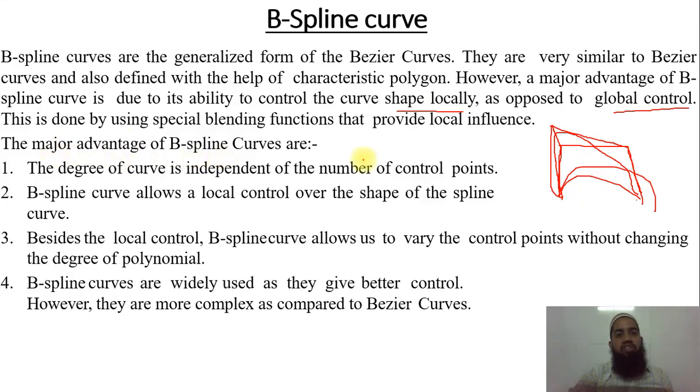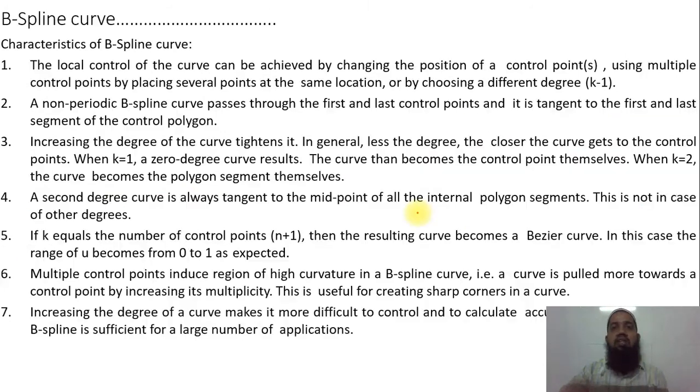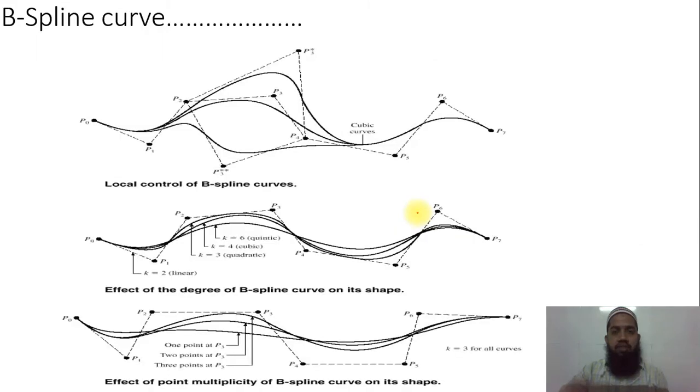The major advantage of the B-spline curves: first, the degree of the curve is independent of the number of control points. Okay, as I said, in the case of Bezier curves we have the problem with respect to the degree and the control points, but here the whole curve is converted into a number of segments.